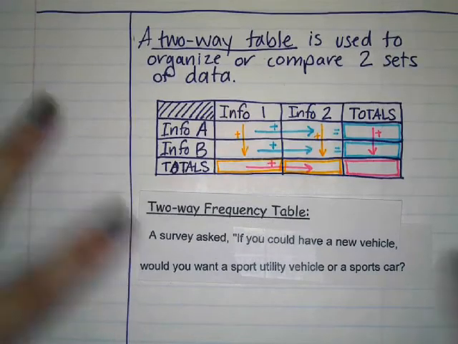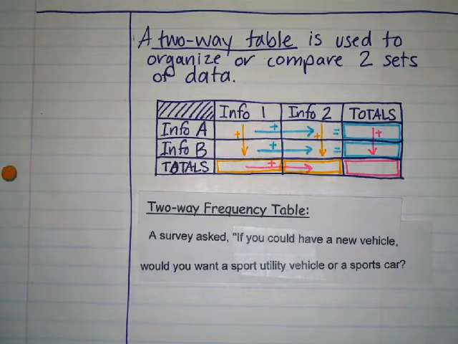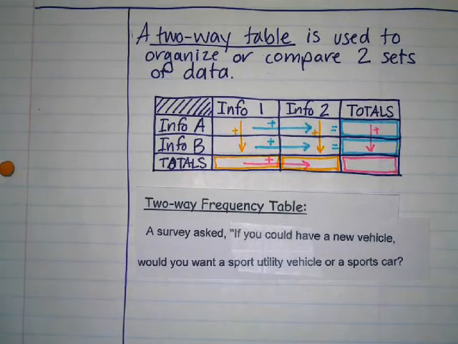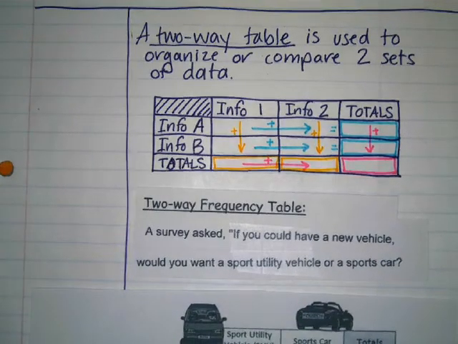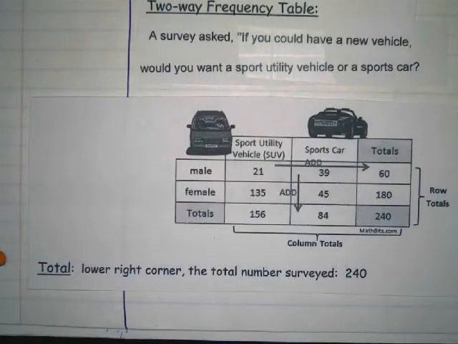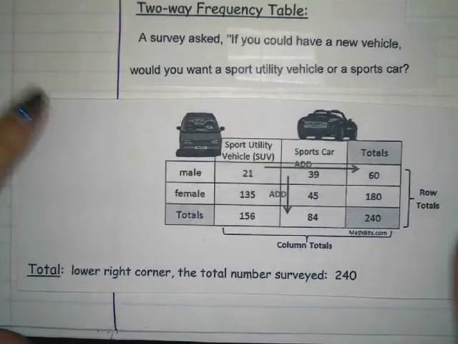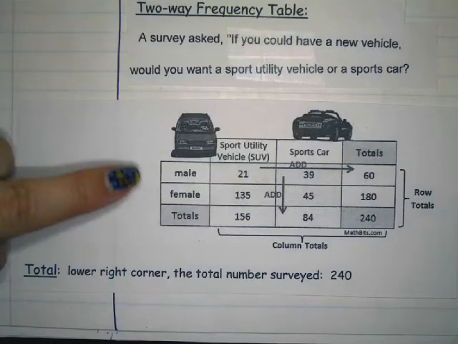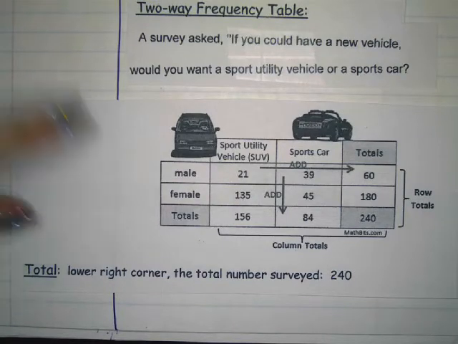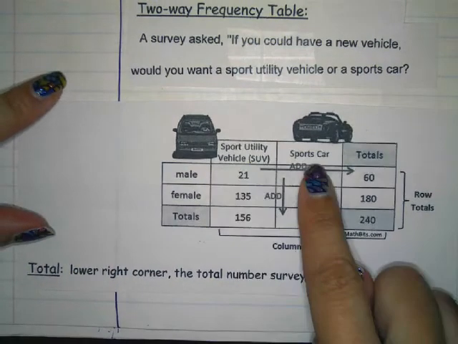It says that a survey asked if you could have a new vehicle, which would you want, a sport utility vehicle or SUV, or a sports car? So this is an example of a two-way table. We have males and females, and then we have the SUVs and the sports cars.